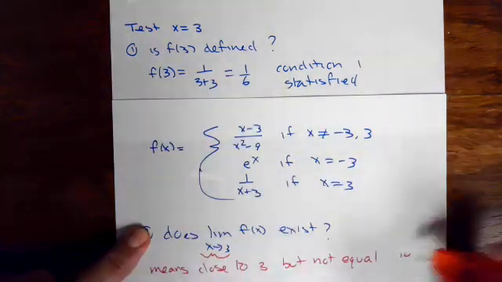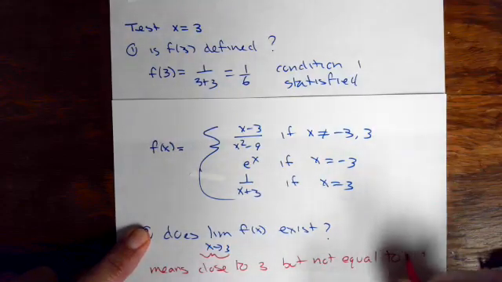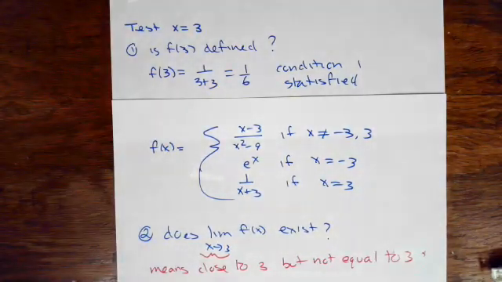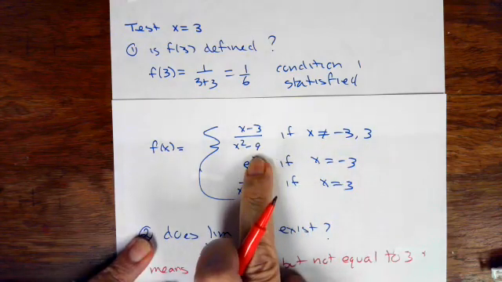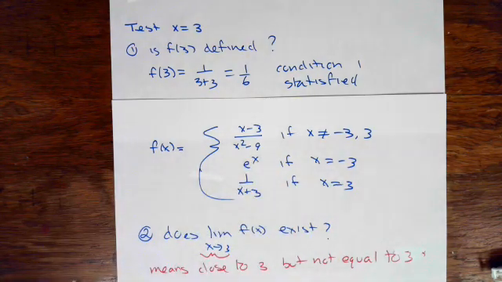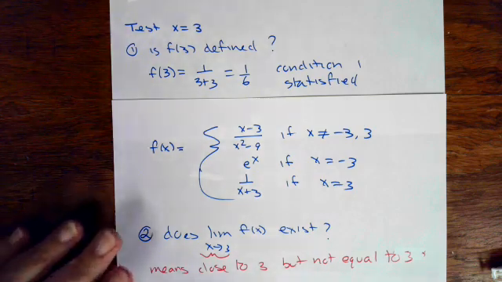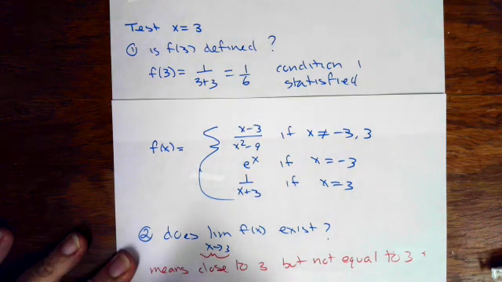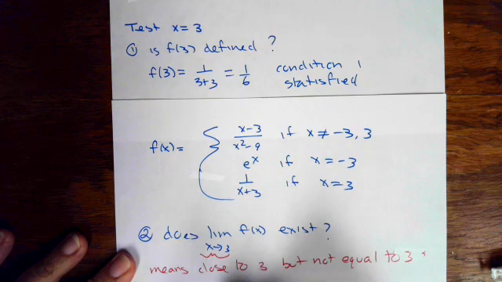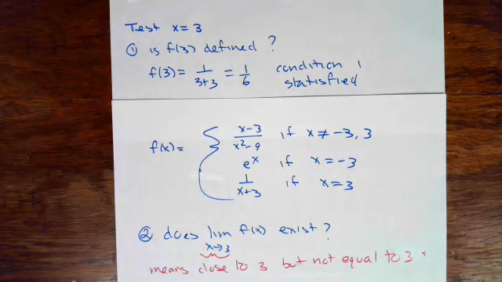And in that case, when I'm not equal to 3, that means I'm going to be using this top branch here, x minus 3 over x squared minus 9. So the limit as x goes to 3 of f of x is the limit as x goes to 3 of x minus 3 over x squared minus 9. Substitution would give us 0 over 0, and we know that 0 over 0 as a limit is absolutely meaningless.